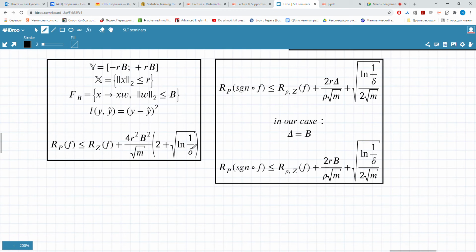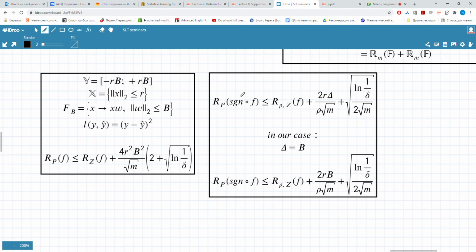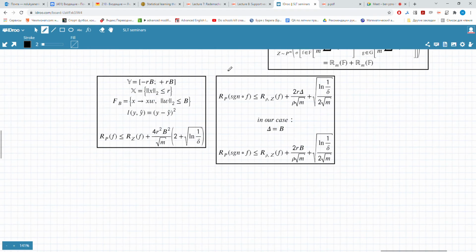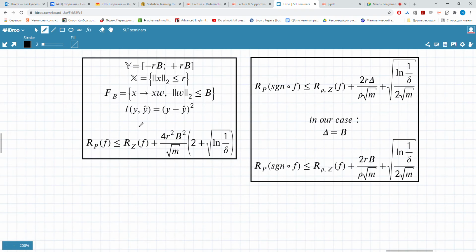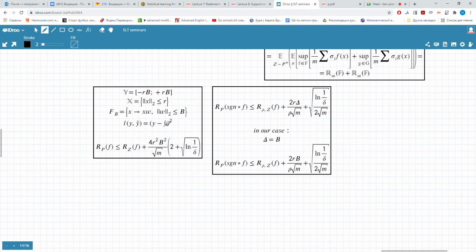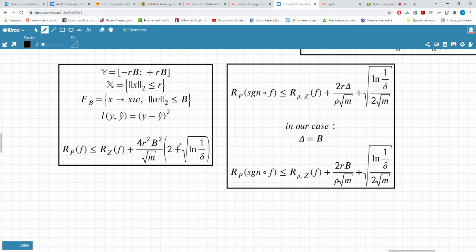So right now, this inequality is really good, but the problem is that here we use something like signum classification, binary, 0 or 1. But here we have a much more complicated loss function. And signum will always be positive?